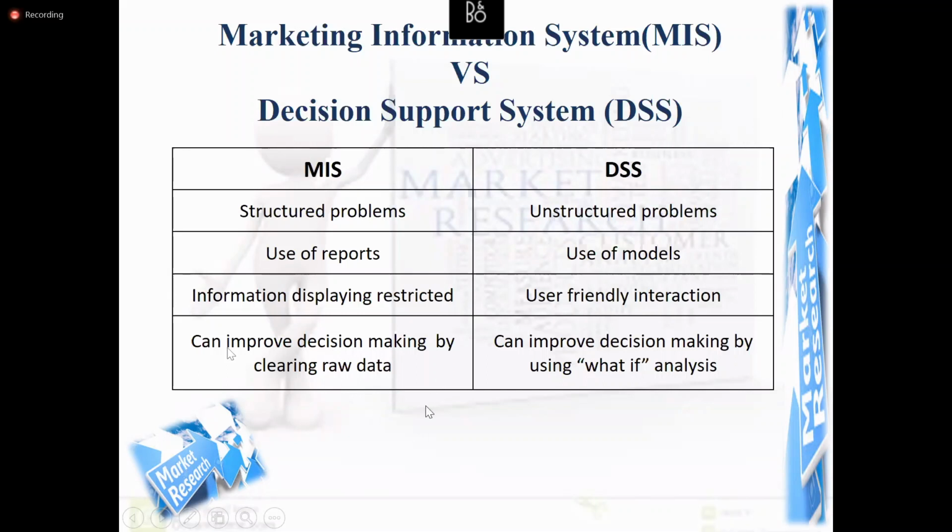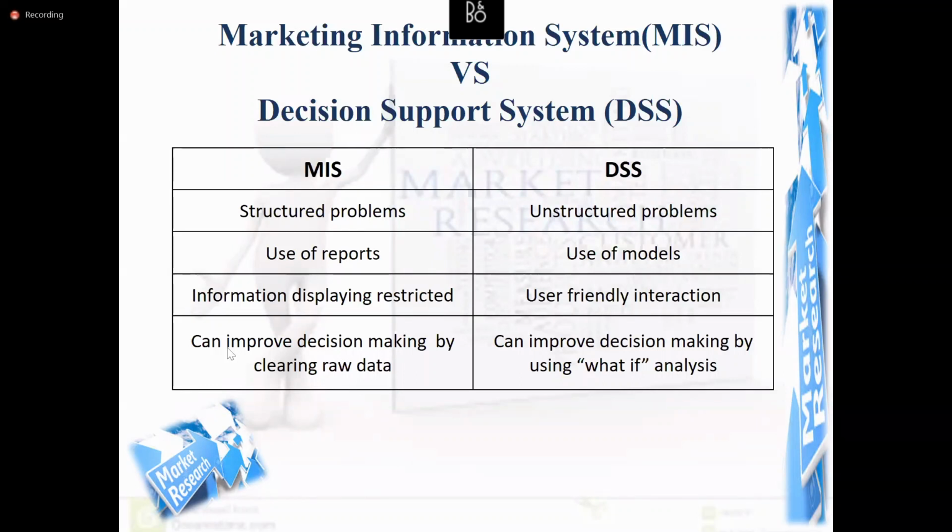And MIS can improve decision making by having clean raw data. But DSS supports decision making by understanding what-if analysis. Say if this is the situation, then what would be the consequences of that? For instance, if the price or inflation goes up, what would be the result of that?